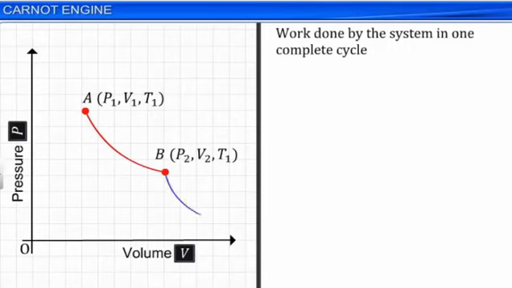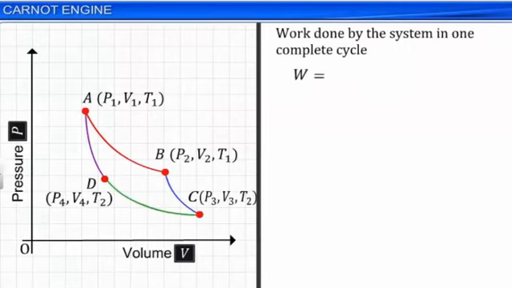In one complete cycle, the work done by a gas W is equal to WAB plus WBC minus WCD minus WDA. Note that we have taken the negative sign for WCD and WDA as the work is done on the system during the compression.